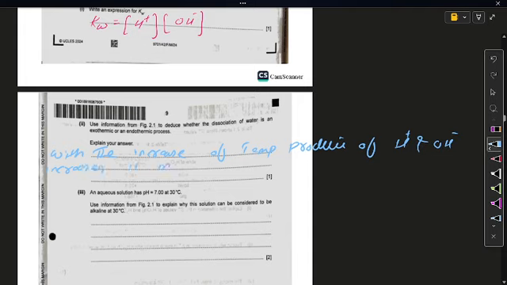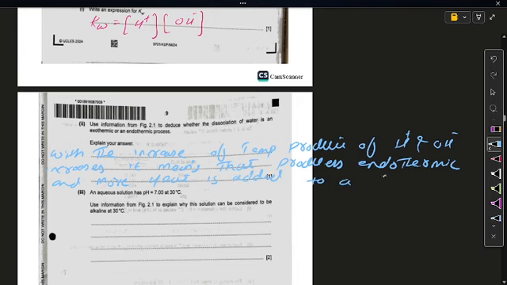It means that the process is endo, and more heat is added to the system. So it would be written as an endothermic process.